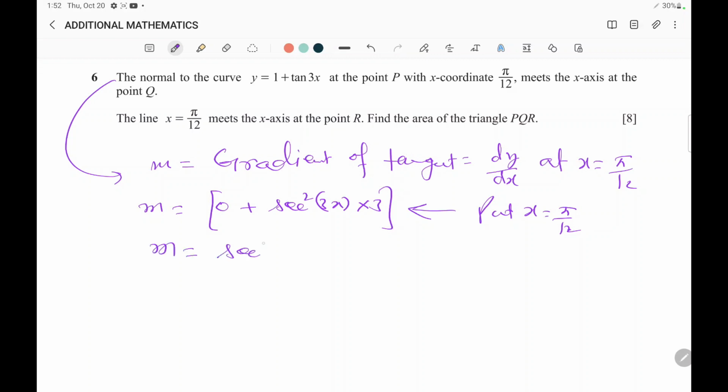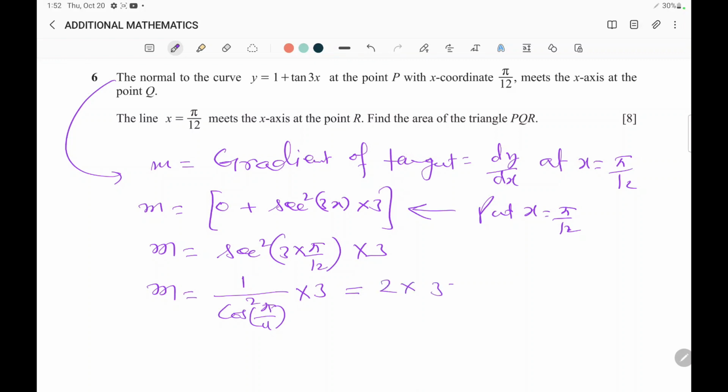So this is sec squared of 3 times pi by 12, times 3. This is 1 over cos squared of pi by 4, times 3, and cos pi by 4 is 1 over root 2, so that will be 2 times 3, which is 6.